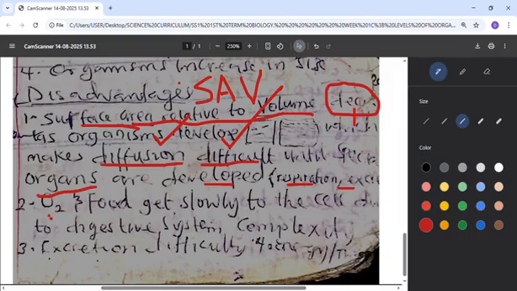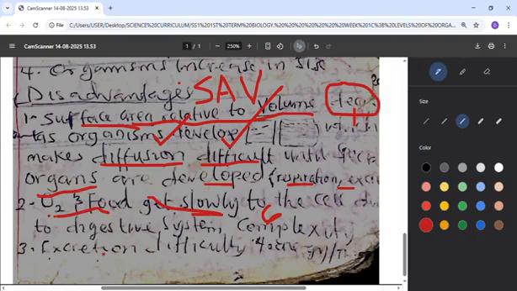Then the second disadvantage of complexity is that the oxygen and the food that the complex organism, like the human being, takes in will move very slowly. Before the food gets to where it's going, it will take time. Just like in the stomach, food will stay for like 6 hours. Unlike the small organisms, where the food will get to the destination very fast. So oxygen and food get slowly to the destination.